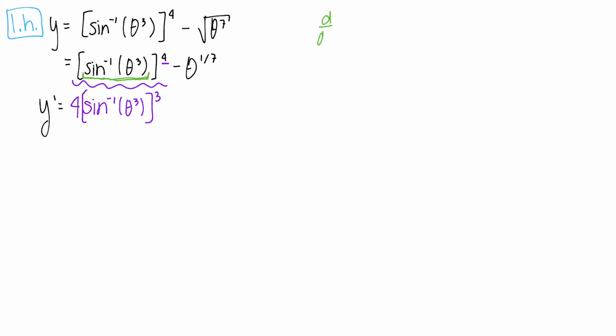As a reminder, the derivative of sine inverse is 1 over the square root of 1 minus x squared. But instead of x, obviously we have theta cubed, so we're going to end up with a theta cubed squared there.